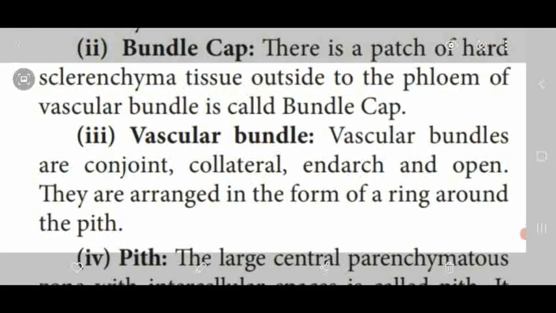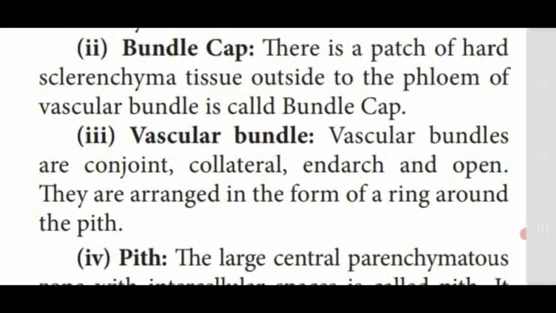Next one, vascular bundle. I already told you, conjoined, collateral, open vascular bundle and also endarch xylem. What is endarch xylem? The protoxylem elements are present at the center. That is said to be endarch xylem. Here, how are the vascular bundles arranged?